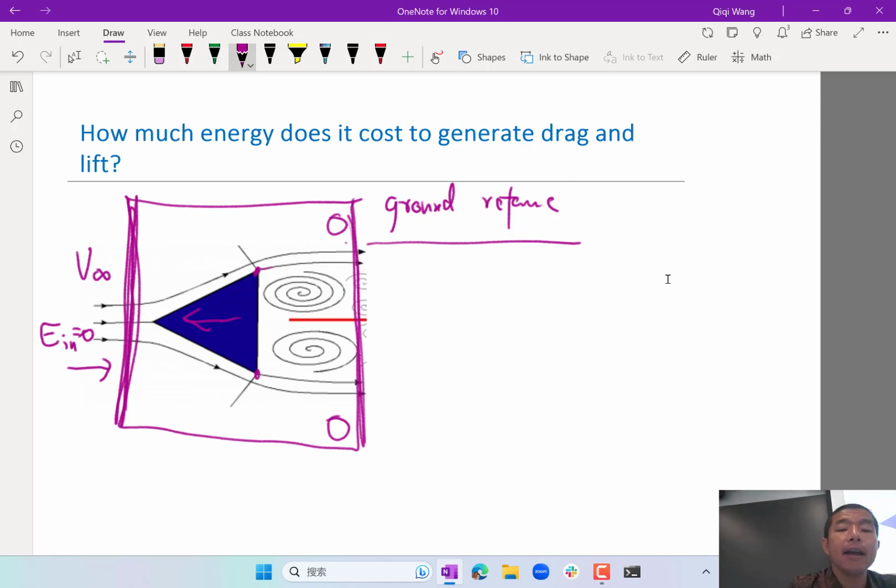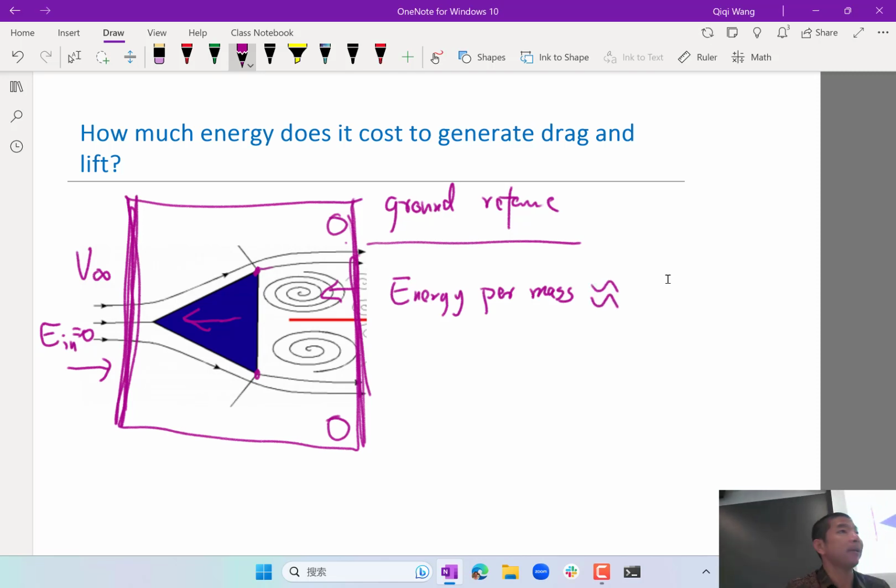But the air has a forward velocity in the separation zone. So the energy per mass of air is approximately equal.